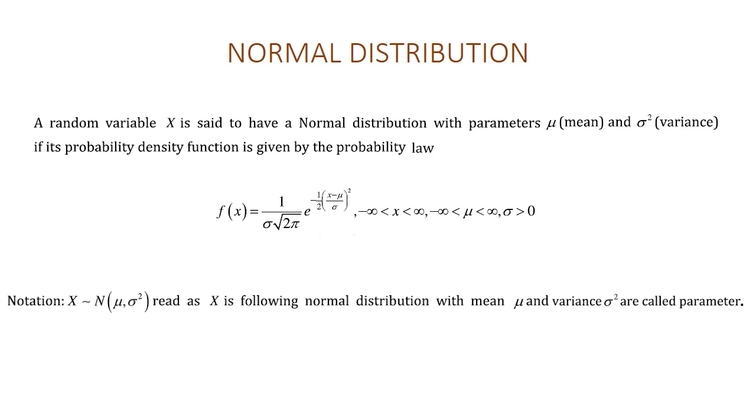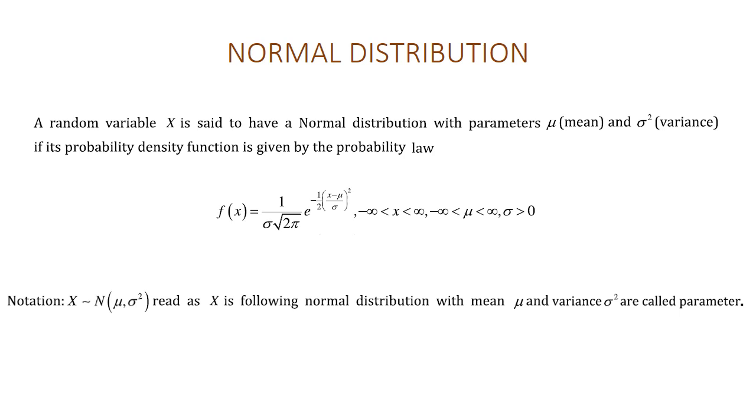Next, we are going to see about the normal distribution. A random variable x is said to have a normal distribution with parameters mu, that is the mean, and sigma square, that is the variance, if its probability density function is given by the probability law f of x is equal to 1 divided by sigma into root of 2 pi into e to the power of minus 1 by 2 into x minus mu by sigma the whole square, where x varies from minus infinity to infinity, mu varies from minus infinity to infinity, and sigma is greater than 0.